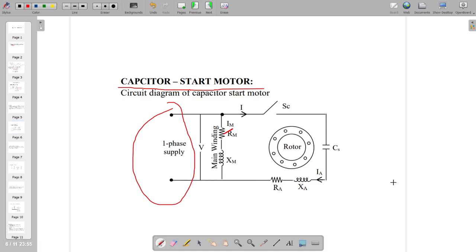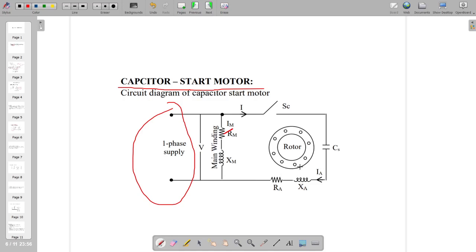Thus the single phase supply current is split into two phases applied to the stator windings. The windings are displaced 90 degrees electrical. Their MMFs are equal in magnitude but 90 degrees apart in time phase. So the motor acts like a balanced two phase motor.